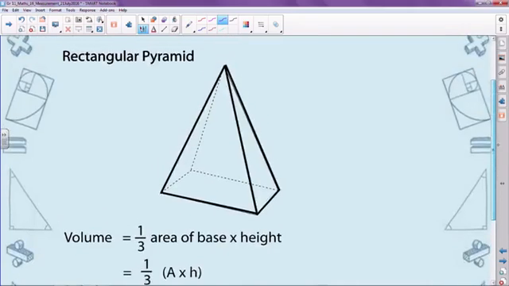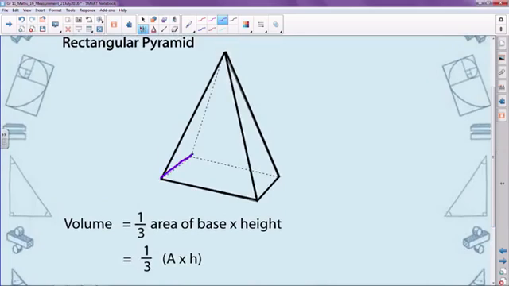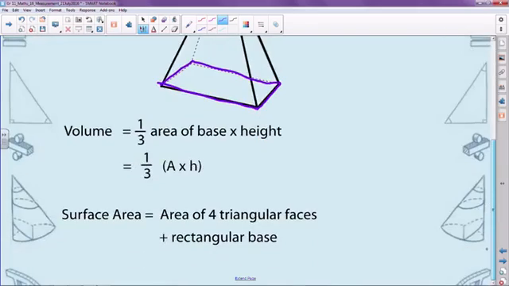So we're talking of a rectangular pyramid, because down there you've got a rectangle. You can easily work out the area of that side, and then how many faces do you have? You've got that face and that other face, and then the 2 sides, and then you'll be able to work out the slant height.